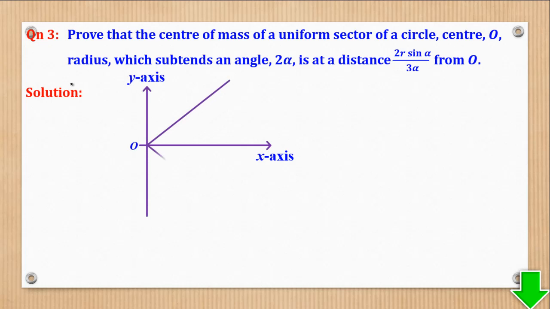I need to make a sketch of a sector. A sector is a part of a circle, and it subtends an angle of 2 alpha, meaning we have split it into alpha and alpha to get the 2 alpha, and the radius is r.